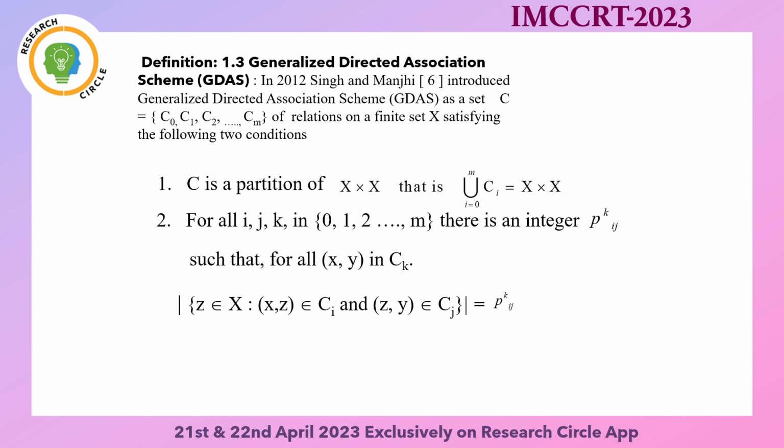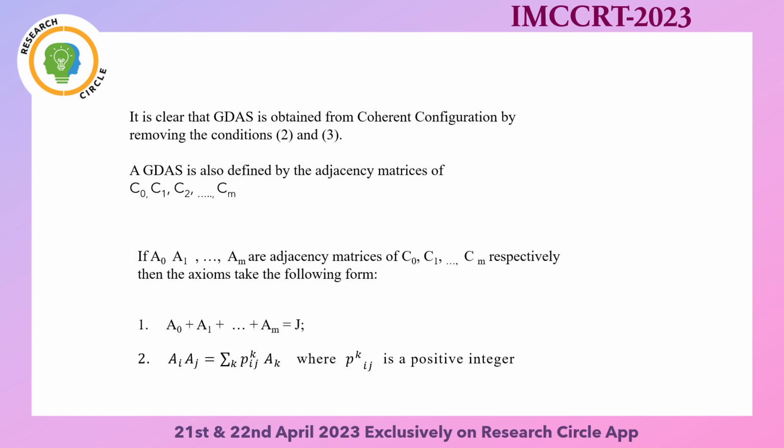The first condition says that C is a partition of X cross X, and the second condition says that for all i, j, k in the set 0, 1 up to m, there is an integer pijk so that for all x, y in Ck, the number of elements z in X so that xz belongs to Ci and zy belongs to Cj equals pijk.